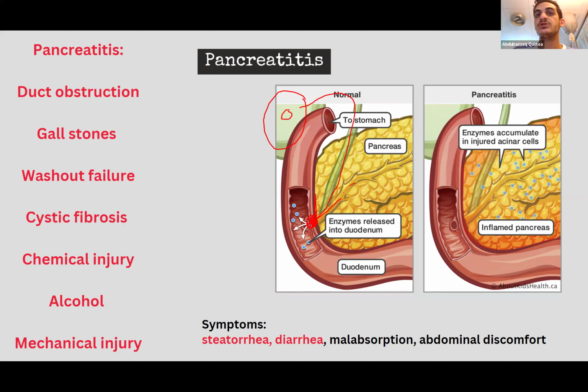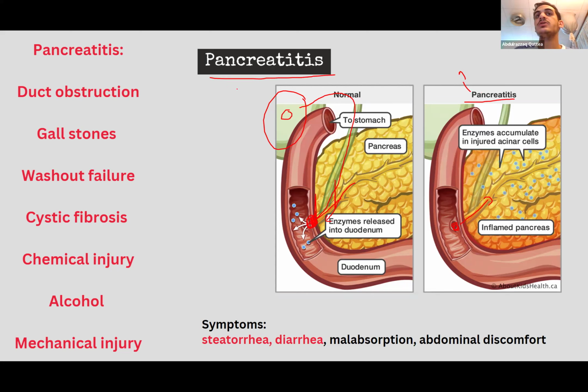So the pancreas will try to push some enzymes into the duodenum, but it cannot because there is obstruction. So because of the obstruction, the enzymes will go back and start digesting itself. This is called pancreatitis, or another term, autodigestion.